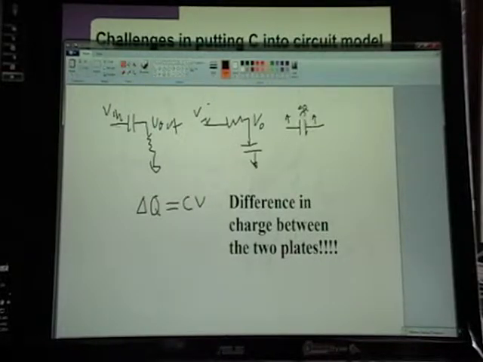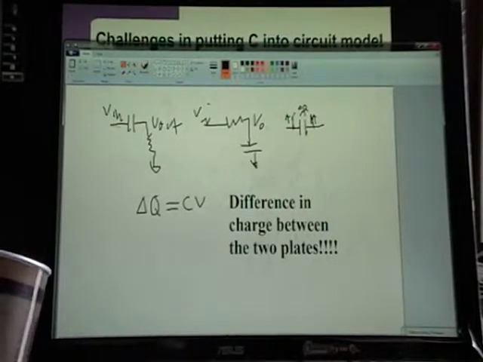If you move this instantaneously, that charge doesn't have time to go anyplace. So the difference in charge between the two plates doesn't change. Therefore, the voltage between the plates doesn't change. And if the voltage between the two plates doesn't change, this side has to move the same as that side. Or the other way around. Okay, so you've got your Q equals CV.